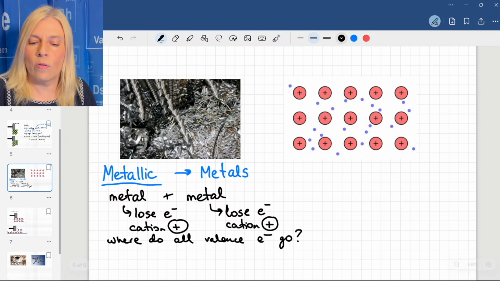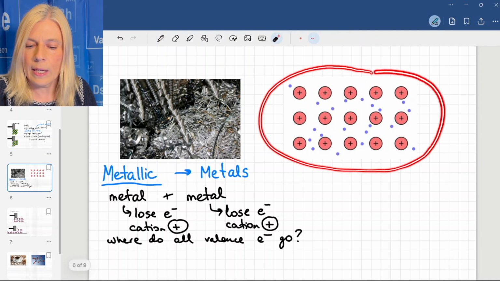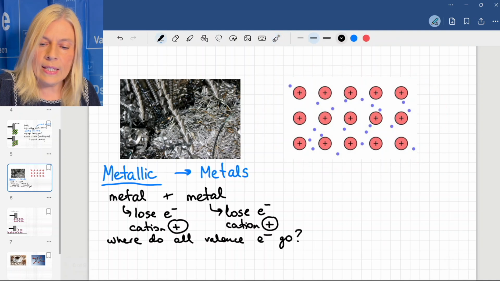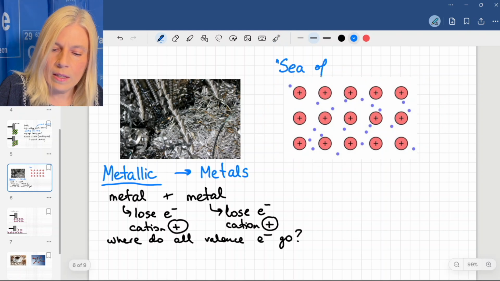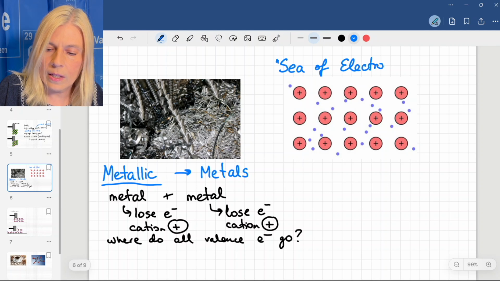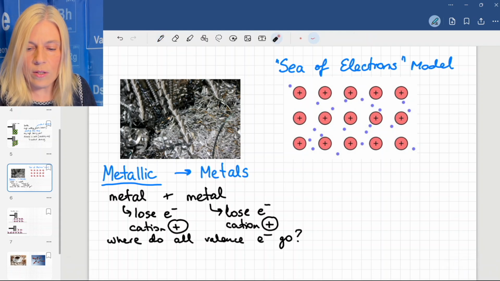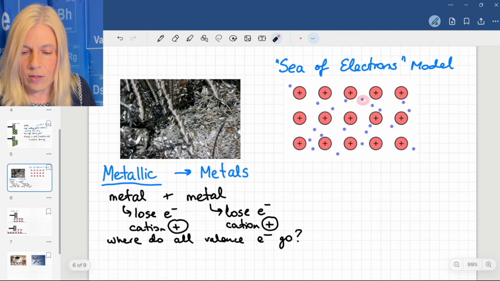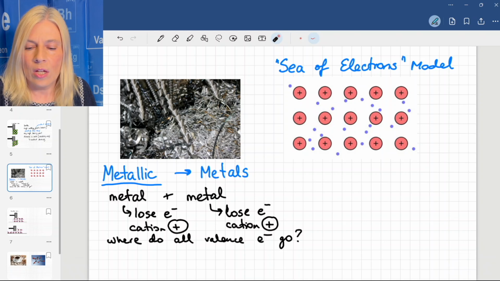Well, this is the solution. This is our metallic bonding. We call it the sea of electrons model. What's going on here is, I would like you to look, these little dots are our valence electrons, and these circles, these positive charges, are not nuclei, they are our cations.